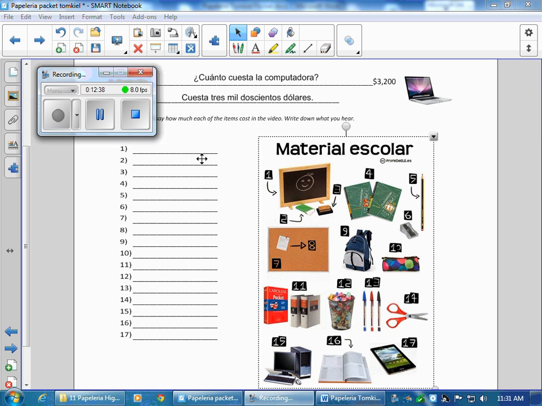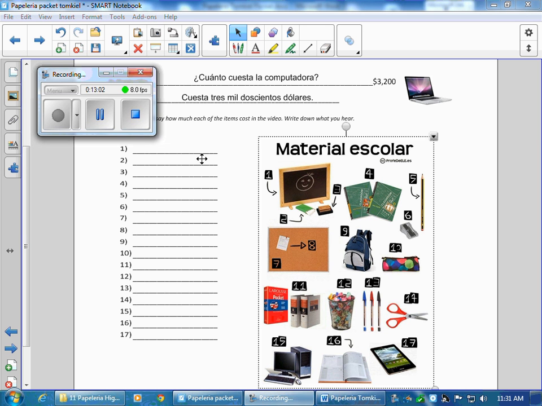Número 14. Cuesta $5.94. 15. Cuesta $3.000 $481. Okay, so I made the mistake.